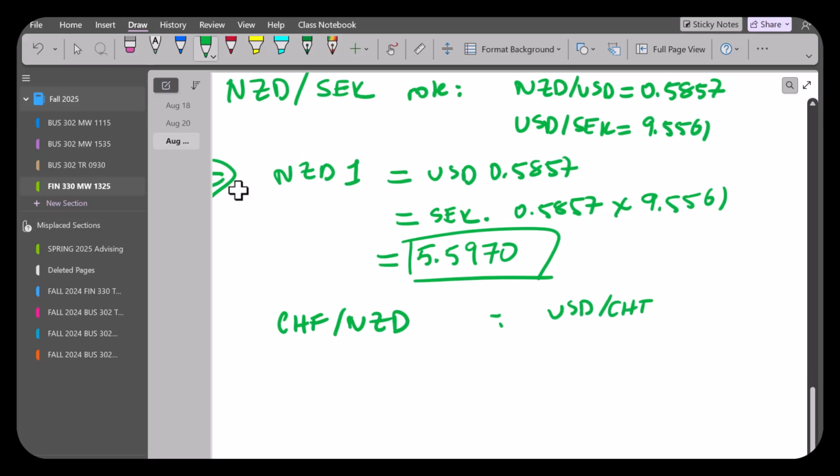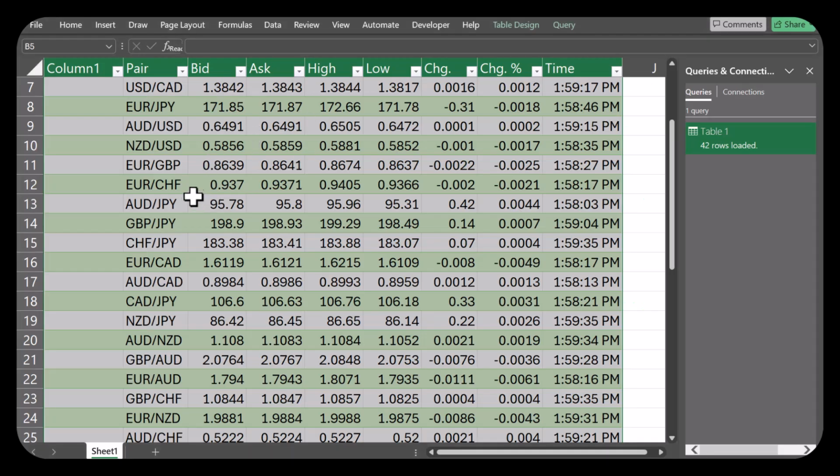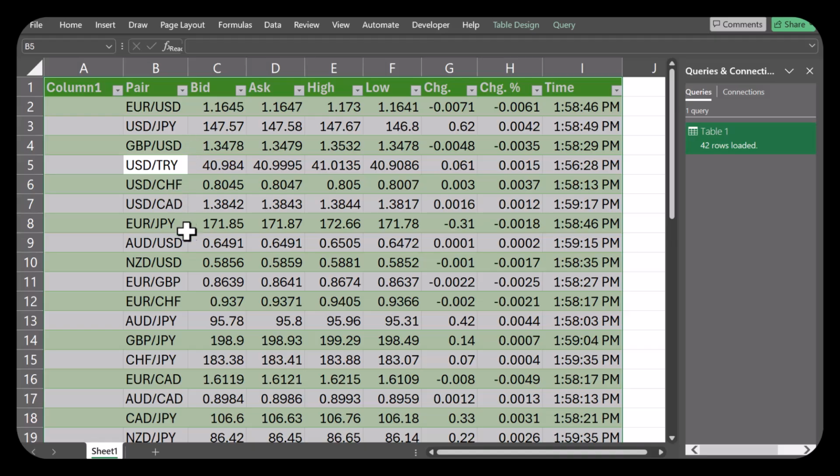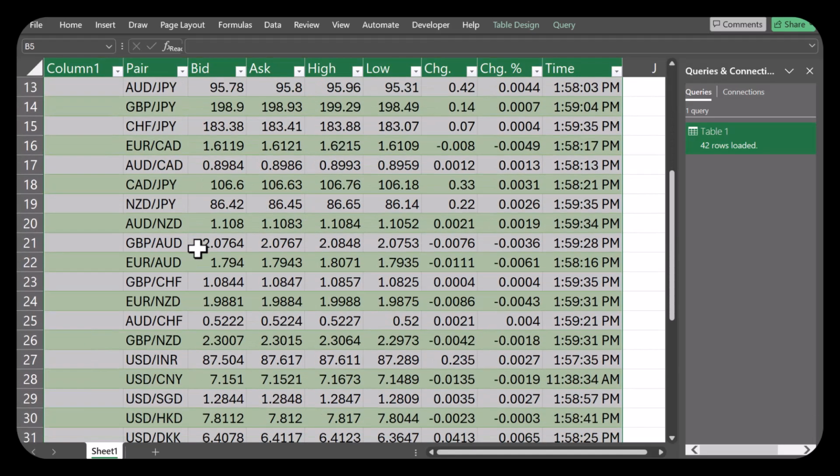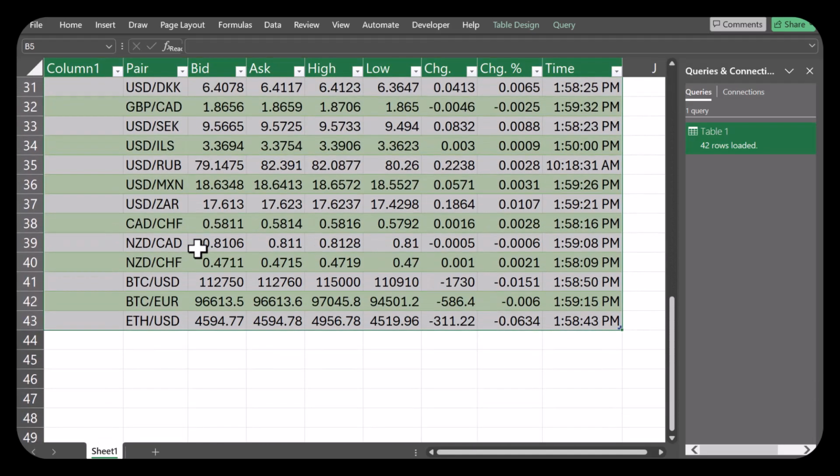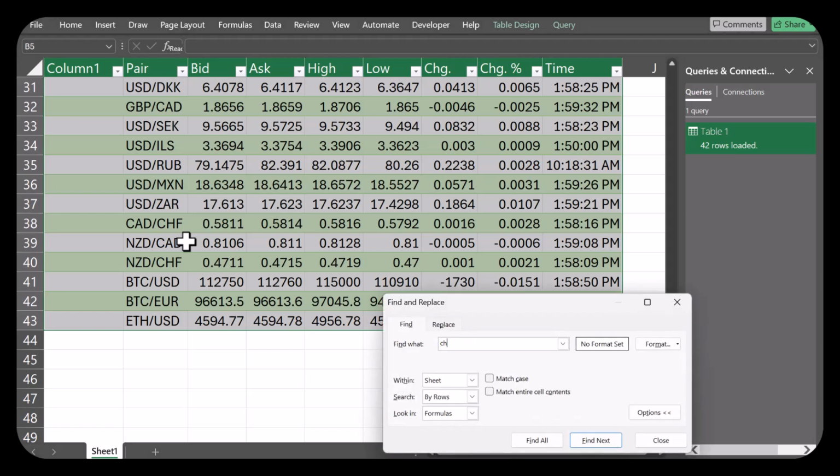Remember, Swiss franc is in the regular quotation. 0.8045.